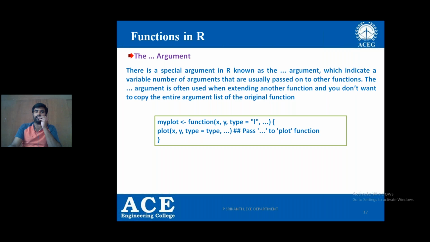For example, the default plot is a dotted plot. I would like to use it as a line plot. I'll change the type only to L, and the rest of the arguments are kept as they are. And there I can use this dot dot dot.